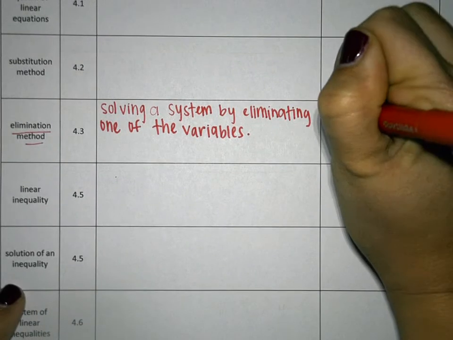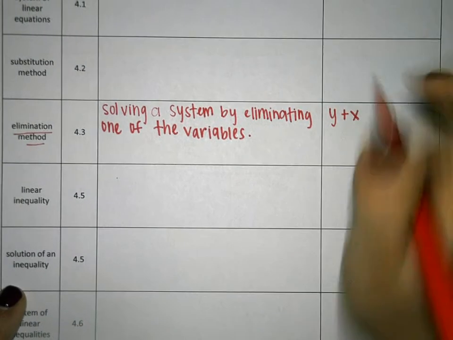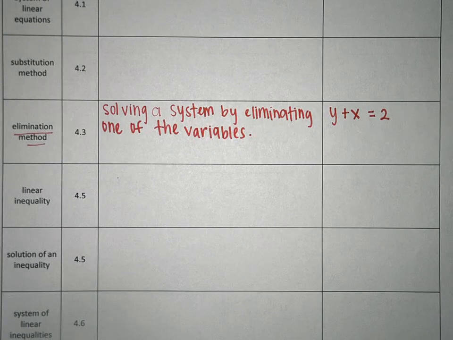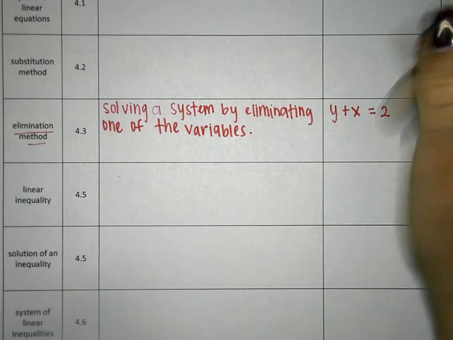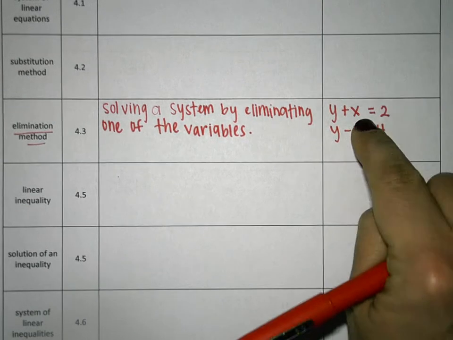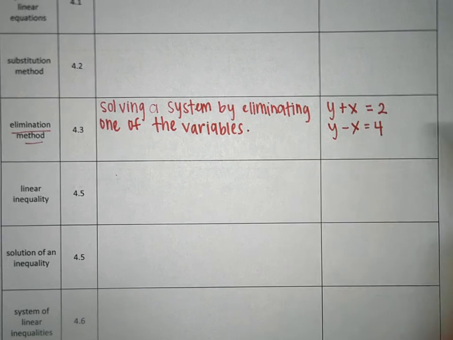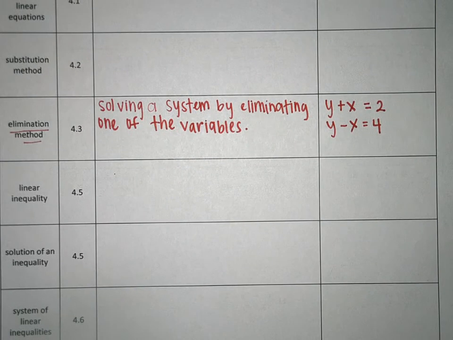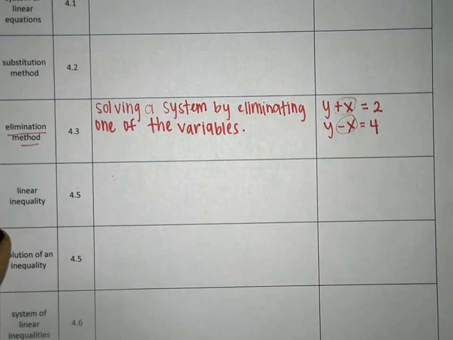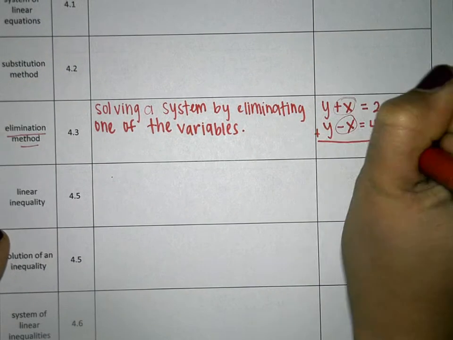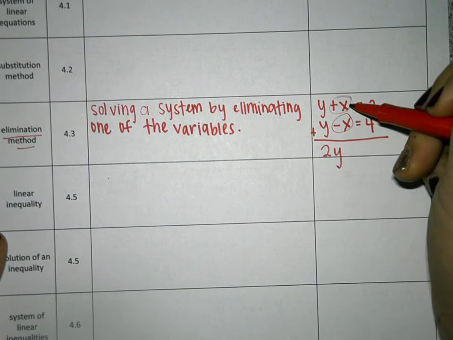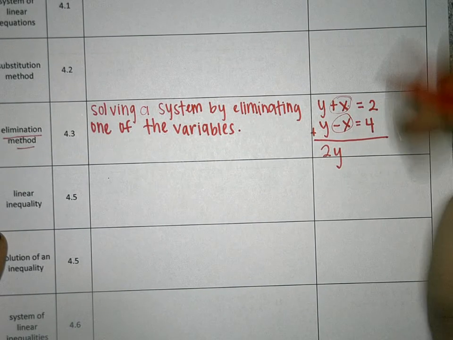So the first example that you're just going to put in your examples page is a simple example, but we'll get more into it in just a second. If I have a system y plus x equals 2 and y minus x equals 4, I notice that this is a positive x and this is a negative x, and if I add the two equations together, y plus y gives me 2y, and x plus negative x gives me 0.